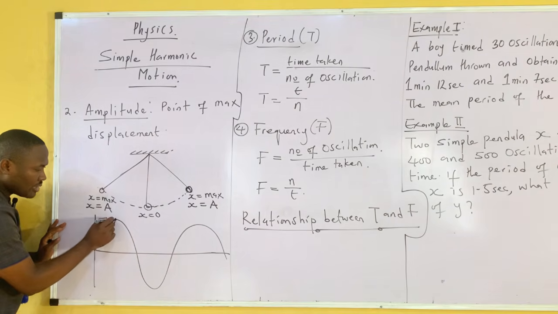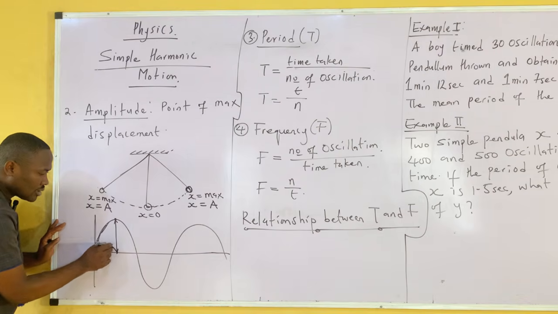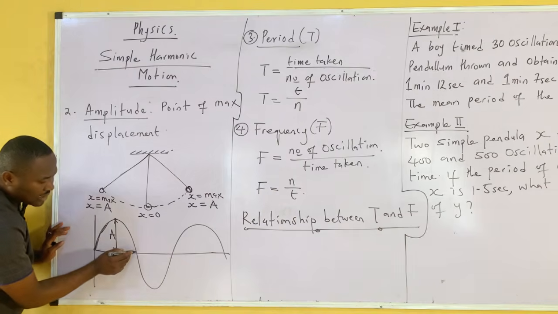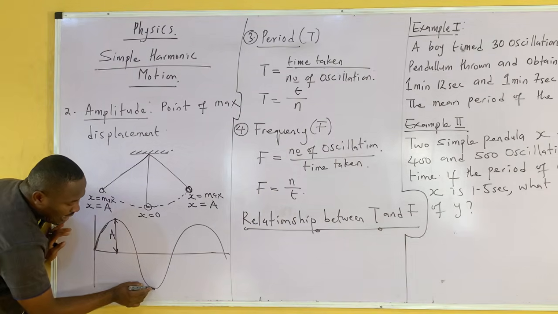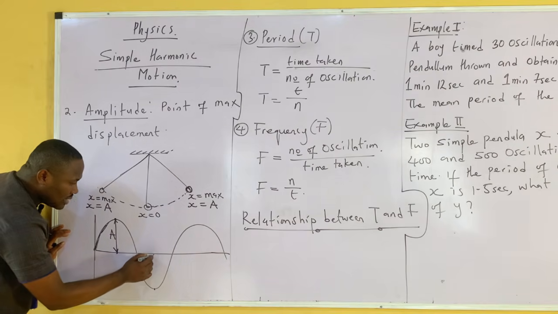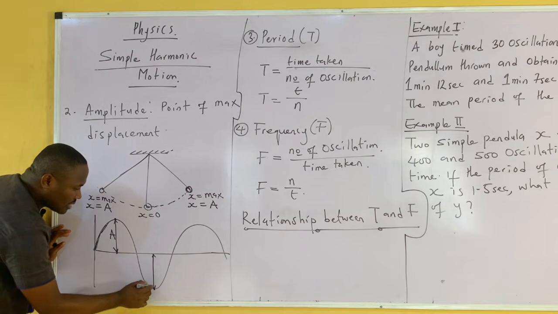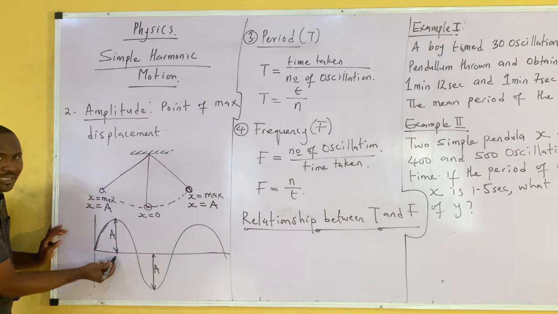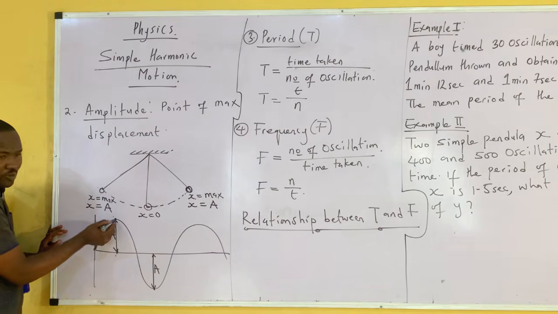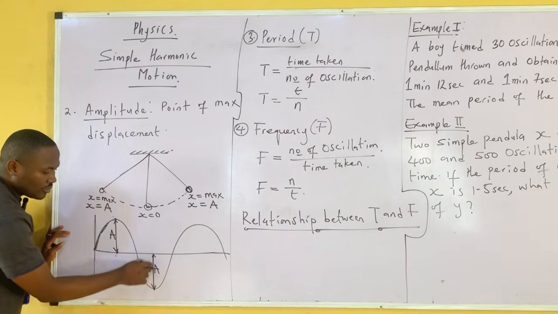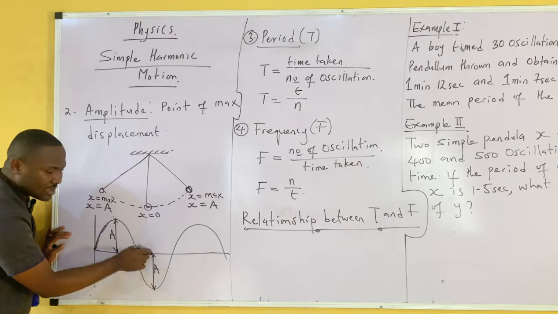So from here to this point is called maximum displacement, which is amplitude. As it goes down, this is the highest point it can go before it rises up again. This point to this point again is referred to as the amplitude. So from here to this point is maximum displacement upward. From here to this point is maximum displacement downward.